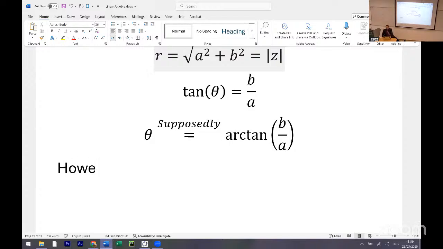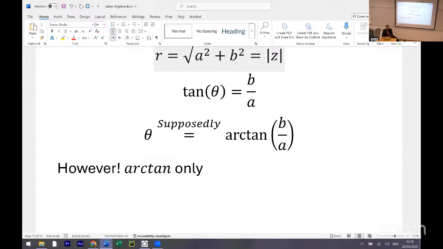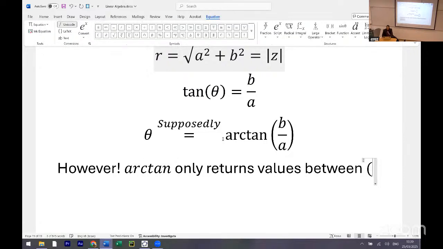However, arctan only returns values in the first and fourth quadrants, between negative pi over 2 and pi over 2.